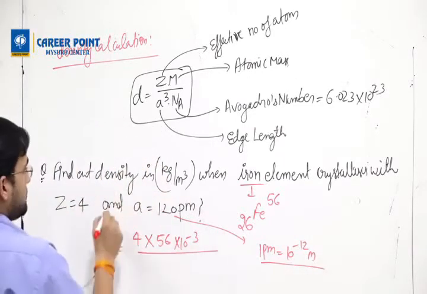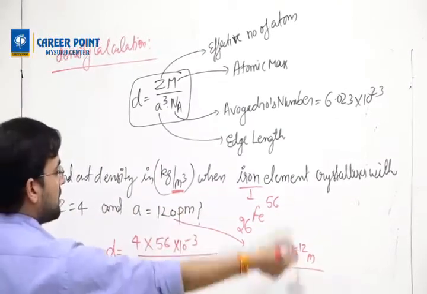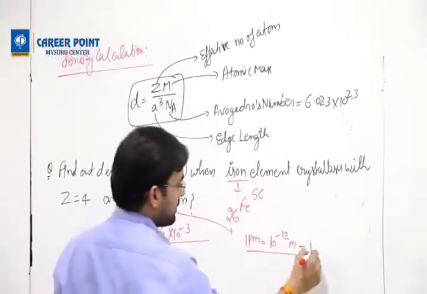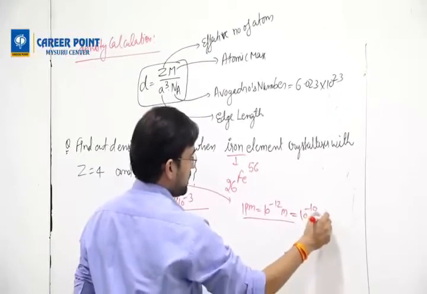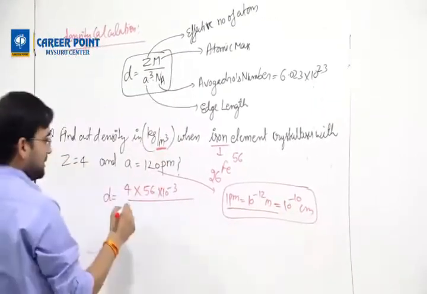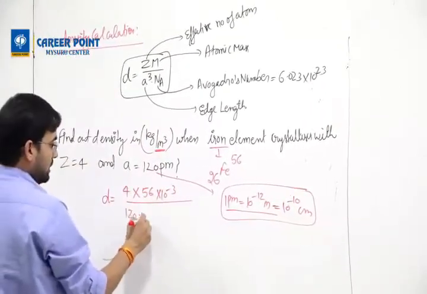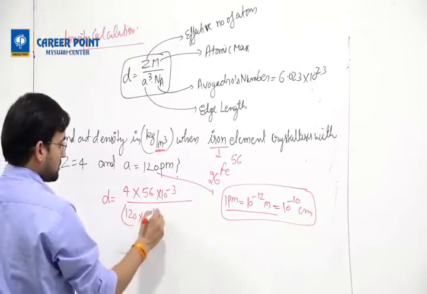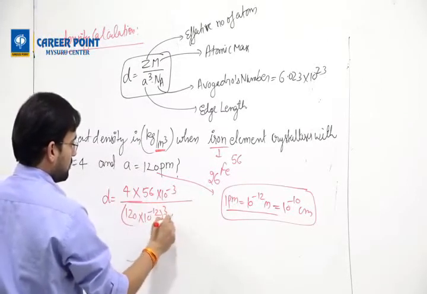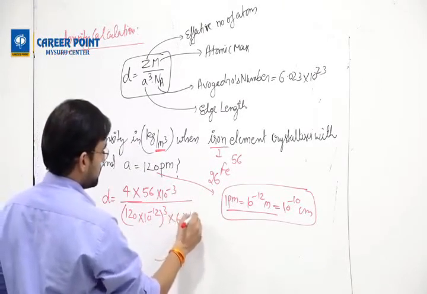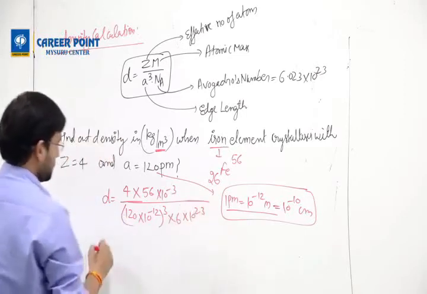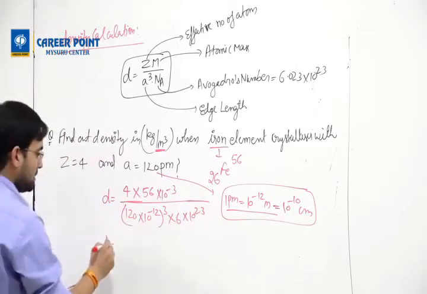So now as I need it in meter cube, that's why I am directly writing meter cube. So 120 into 10 power minus 12, whole cube, into 6 into 10 power 23. This I need to solve.